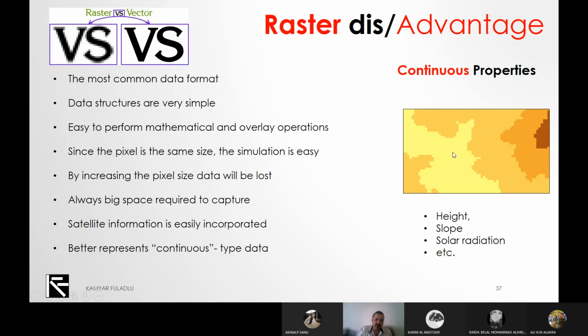Another thing, raster is mainly used for satellite information. It can be easily incorporated, and it is better for a continuous property. As you can see, this is a continuous property which we represent, such as height, slope, and solar radiation. And this is about this part.